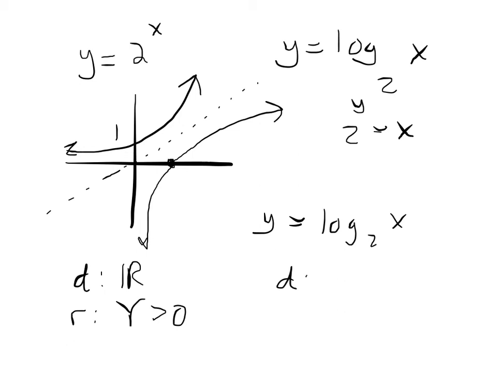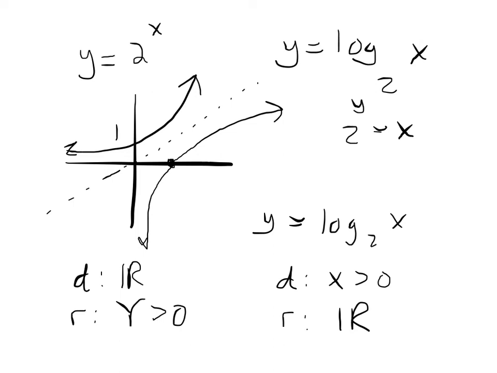So my domain now becomes x is greater than 0, and my range then becomes all real numbers. And if you look at that graph of 2 to the x reflected over the line y equals x, indeed your domain are all positive values, and your outputs indeed could be all real numbers.